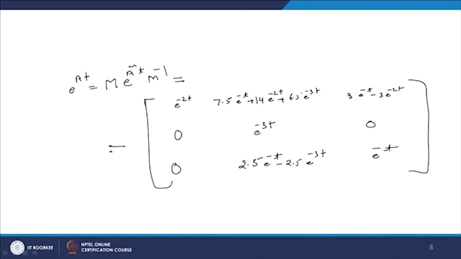So, this is nothing but the state transition matrix using the diagonal method, or we can say the diagonal canonical form method. And again, as you see, calculation wise it is quite cumbersome. Therefore, as I told earlier, it is better to go for the Laplace transform, but sometimes we have to go for some internal analysis.